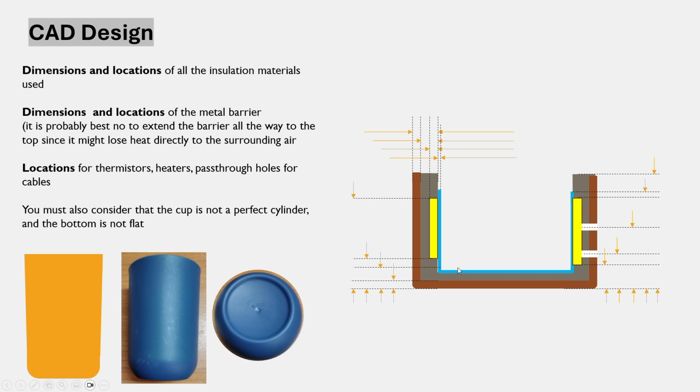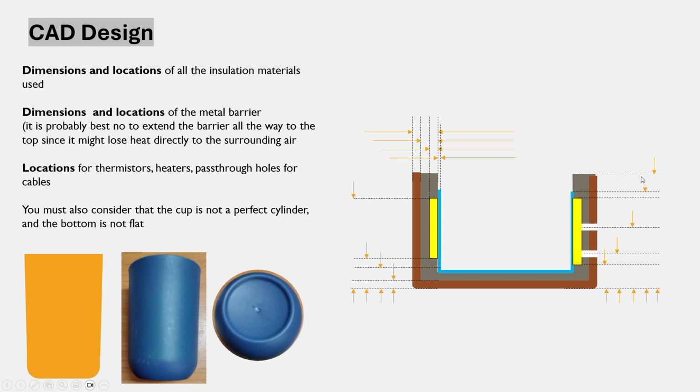You don't have to have the barrier everywhere; it just needs to cover the heater and the thermistor. If you have a really high thermal conductivity barrier, for example aluminum foil, and you take it all the way up to the top, you can have heat losses. So maybe you want to stop it from going all the way up.